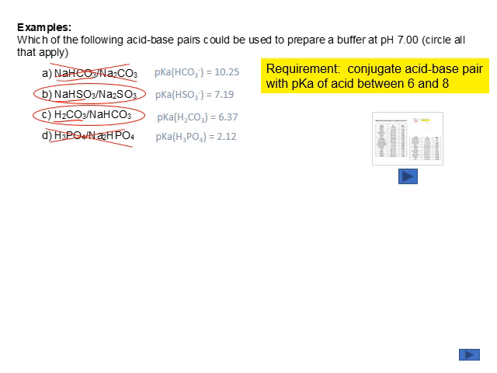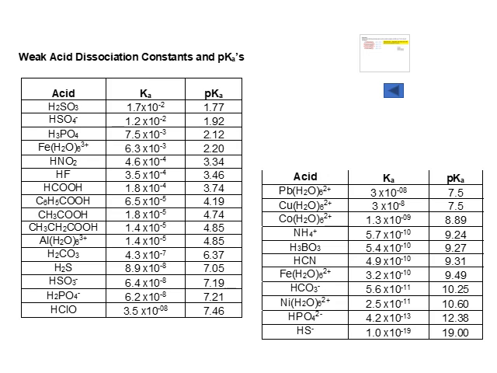So out of the choices provided, only options B and C would be suitable conjugate acid-base pairs to make a buffer of pH 7. So we're looking for the weak acid component to have a pKa between 6 and 8.